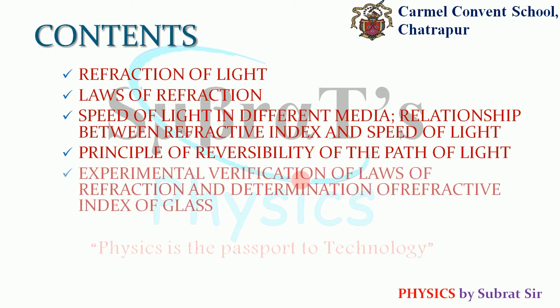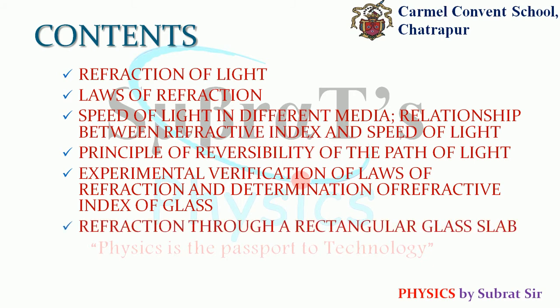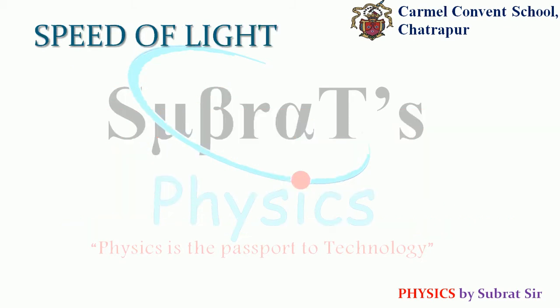Then we have experimental verification of the law of refraction and determination of refractive index of glass. Then we have refraction through a rectangular glass slab. And the last part, which is omitted from your previous year syllabus, we will not learn in this video. So let us begin with the first.